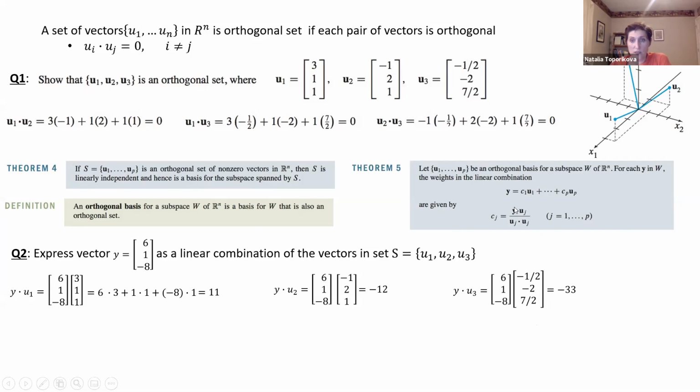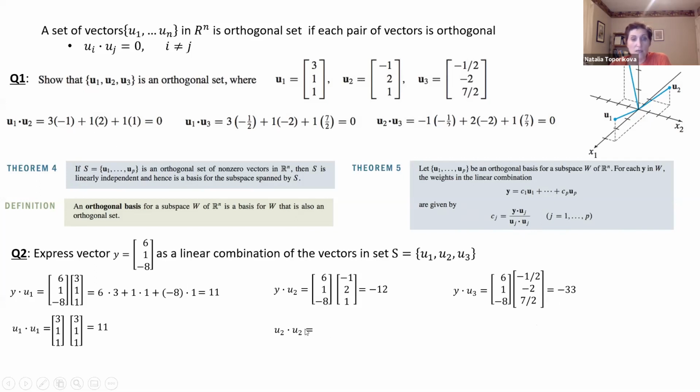Let's look at the denominator. The denominator is quite easy because we are looking at the dot product of our basis vector by itself. The first denominator will be the dot product of u1 with u1, which is reasonably easy to calculate, with a result of 11.